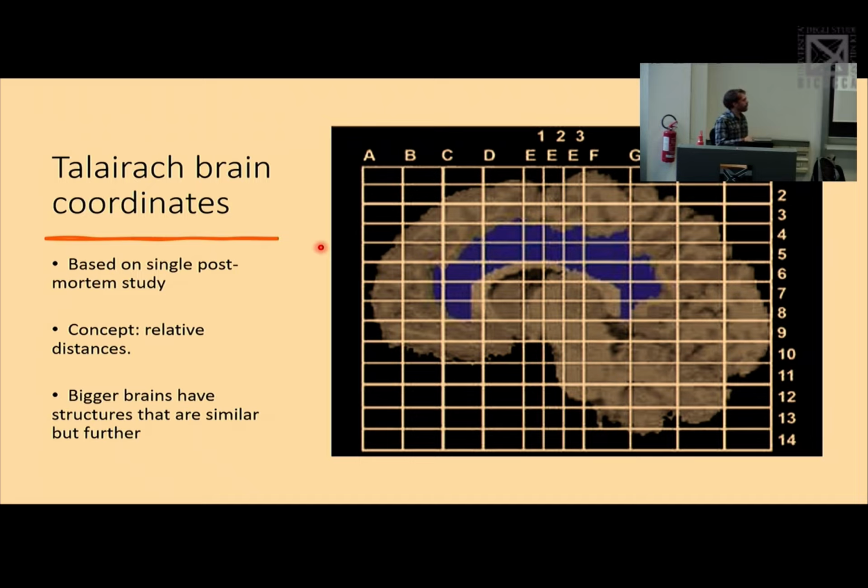The concept was that of relative differences, because they said bigger brains have structures that are similar, but just farther away, scaled by that. So you went with paper on this atlas, and starting from a reference origin point, you measured the distance to the structure you were investigating, and that was it.